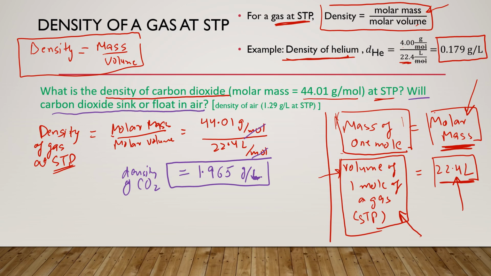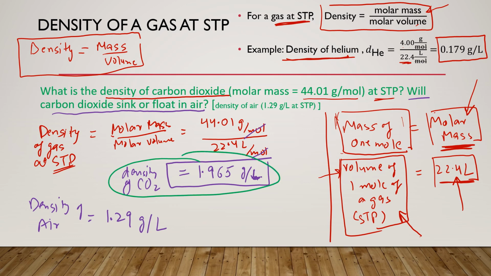Next question is, will carbon dioxide sink or float in air? Now the density of air is given, which is 1.29 grams per liter. So now the carbon dioxide density is higher than the density of air.